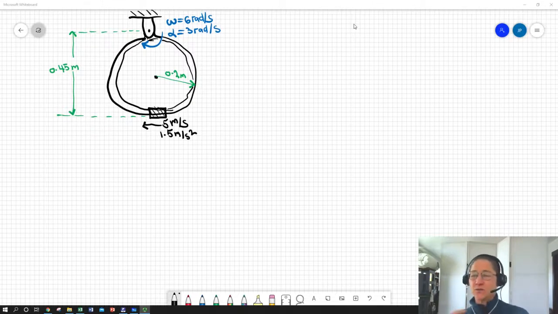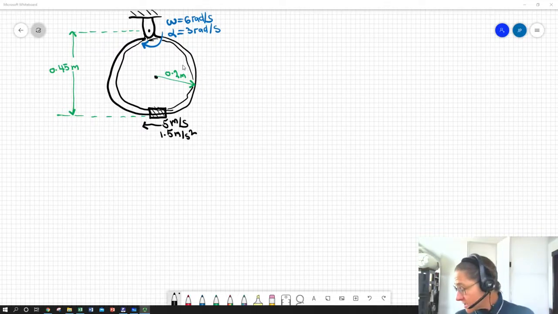Now we're looking at two distinctly different rigid bodies, both of which are moving at the same time relative to an inertial reference frame.